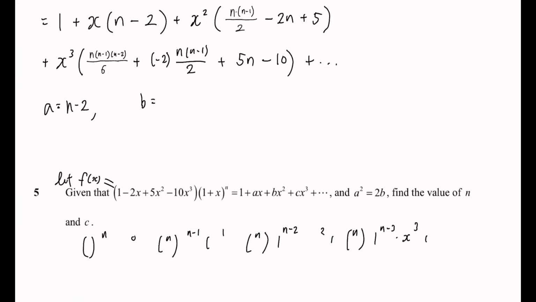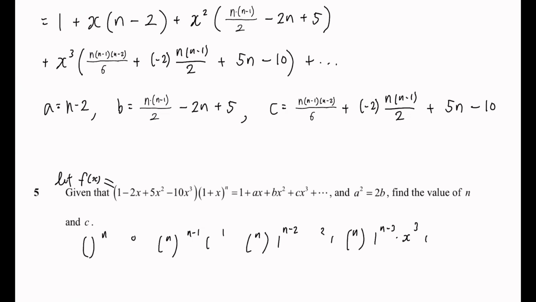B is equal to all this bunch of nonsense. Then C is equal to an even worse bunch of nonsense. With an iPad, I can just copy and paste. And a squared is equal to 2b. Find the value of n and c. So that's the objective.